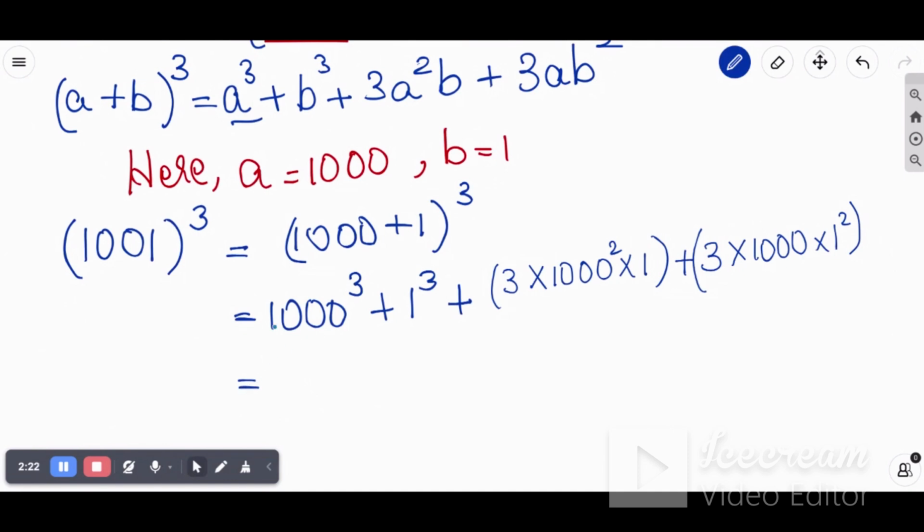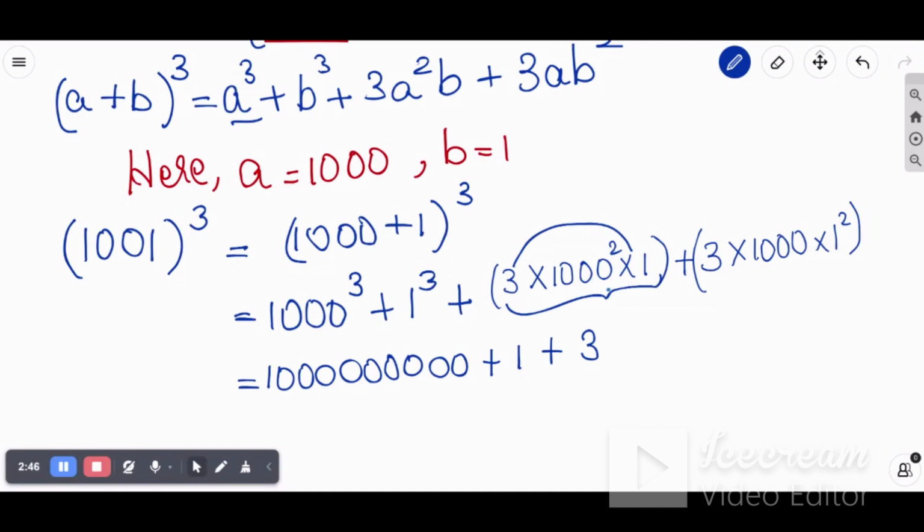Now let us start writing. 1000 cube is 1000. Do carefully: 3 zeros and then the 3 0 and then the 3 0. So it is millions. And then put your 1 cube. 1 cube is nothing but 1. So then you have to find the value for this. Here you have got 3 thousands and the 3. So this will be nothing but you can write 1 into 3 is a 3 and then put your zeros.